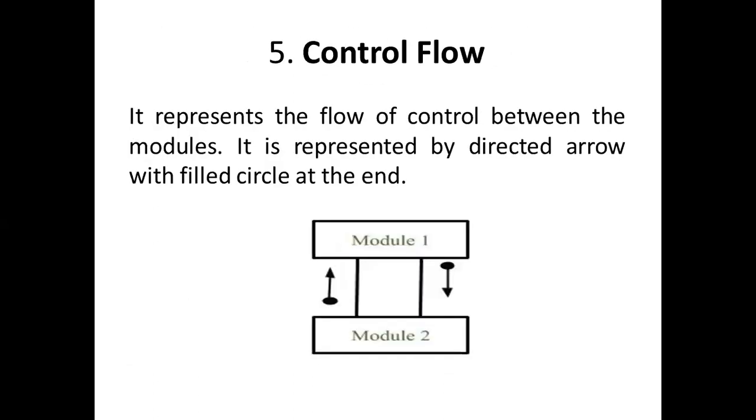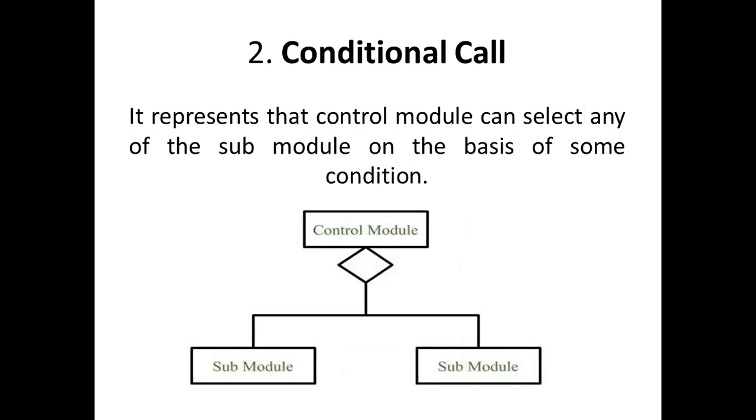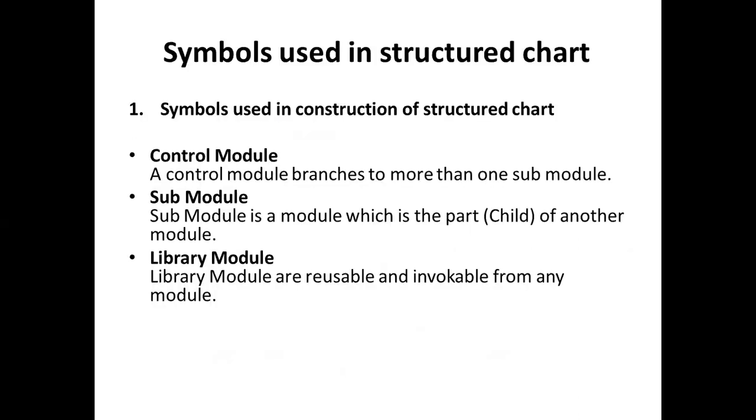You can revise all those symbols here, because whenever you draw the structure chart, you have to use such symbols. Control module, sub module, library module, we have already discussed all these special symbols, so I am going to brush up on them again.